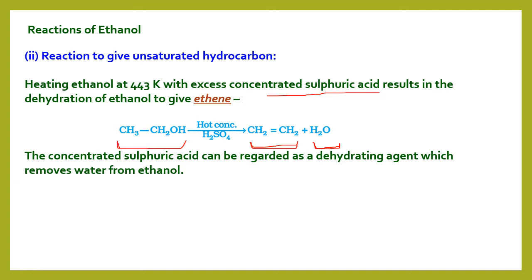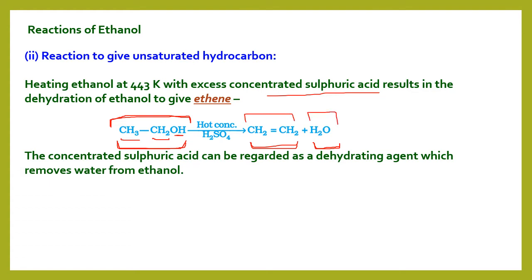See, from the formula you can see the formula is CH3CH2OH. Just look at the formula on your screen. CH3CH2OH. From this CH3, H is removed and this OH is removed. Okay. So what will remain? CH2 CH2 will be here. Okay.